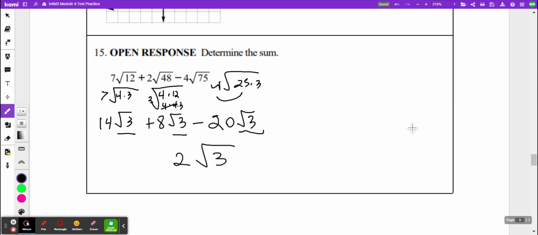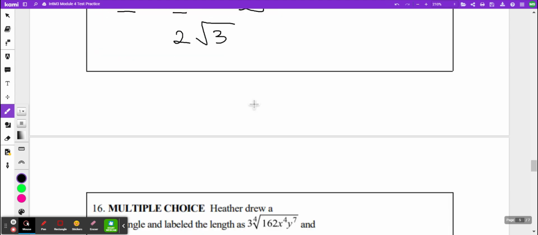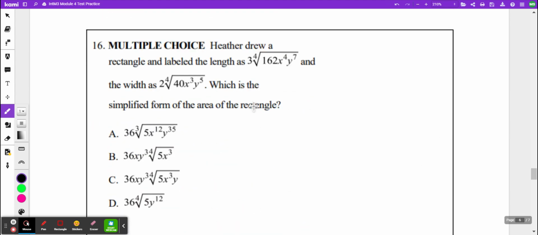All right. Now I think we're on the last page now. Yeah, last page. Here we go. So they want to multiply it. So they're like, hey, here's the length, here's the width. So we can multiply it. All right, so what I'm going to do is this times this. So I write this out. I have 3 to the 4th, 162, x to the 4th, y to the 7th.